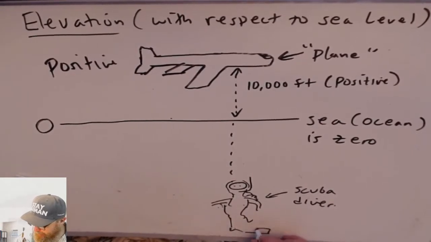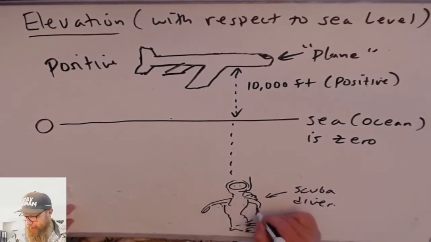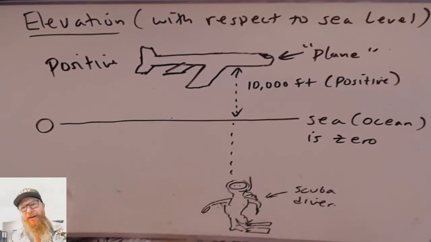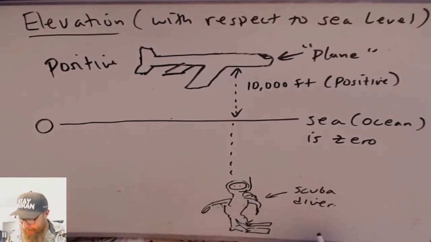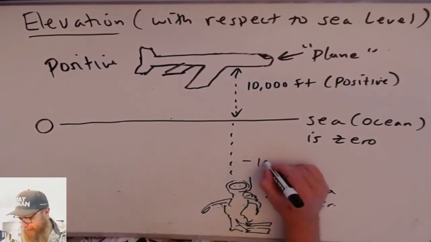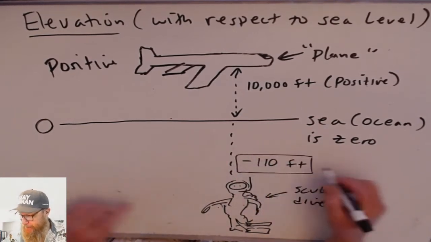I was trying to draw fins. I don't know why I'm spending so much time on the drawing. All right, enough of that. So there's your scuba diver. It's terrible, isn't it? The more I try to make it look nice, the worse it gets. So the scuba diver would be something like negative 110 feet or something like that. So that's negative.